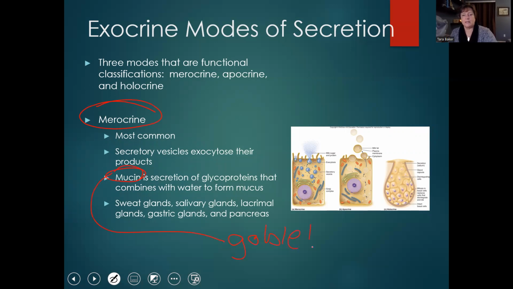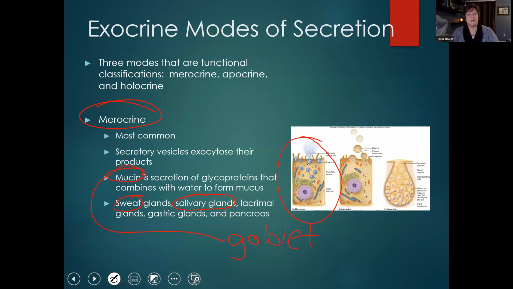Goblet cells are the ones that make mucin or mucus, okay? So mucus, sweat glands, salivary glands, these are going to all be merocrine glands, which means that they exocytose. This picture here, which is really small, is showing us the merocrine gland.